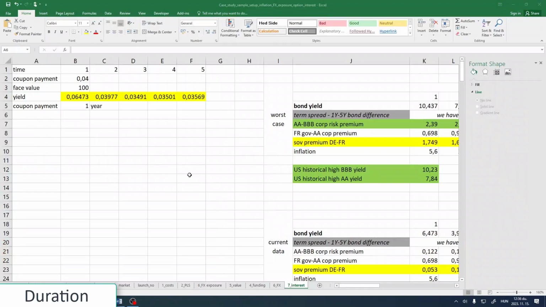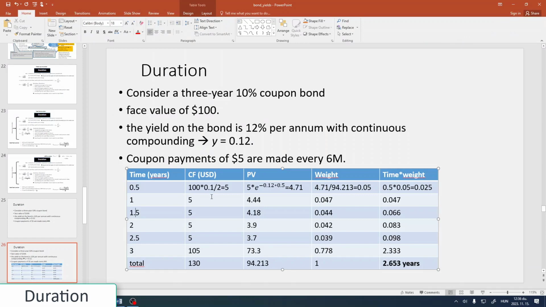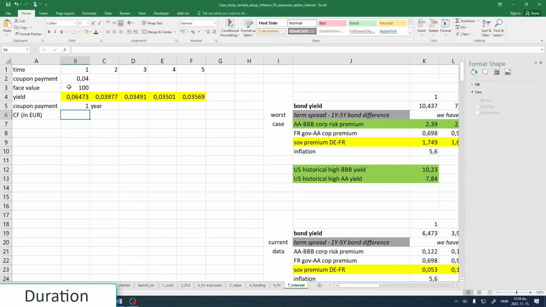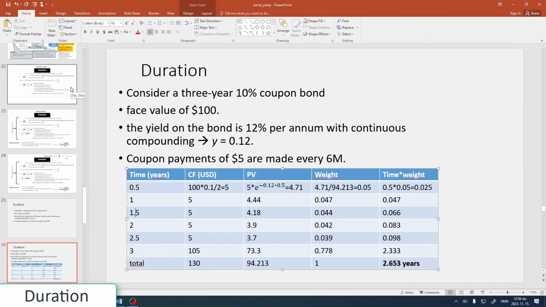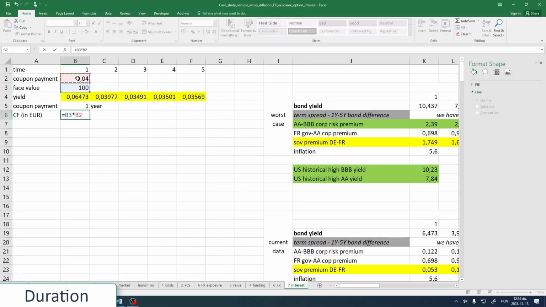Okay, now we need the cash flows in euros, let's say. And now we can say that 100 multiplied by 0.1, so the coupon of the bond, which is this one. And after that we don't have to do anything because we are using years.